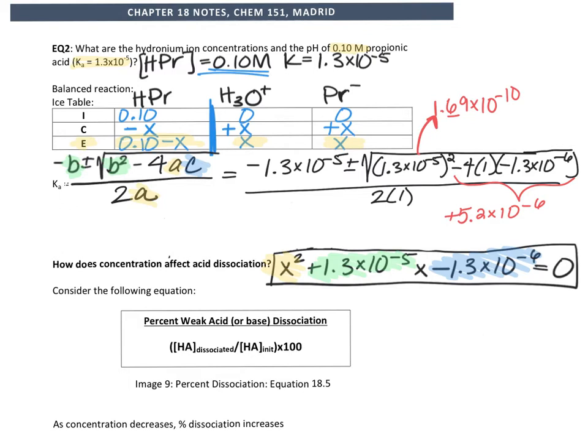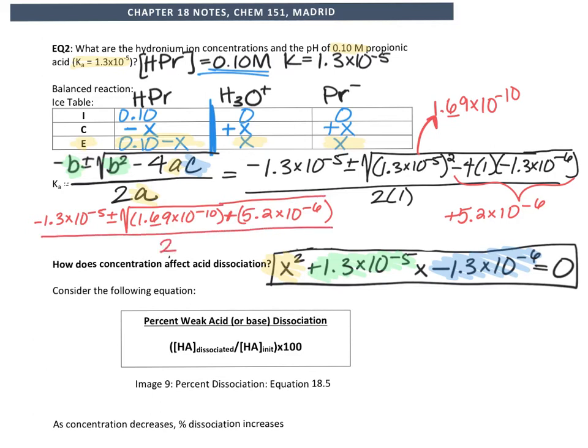Great. Okay, so let's plug that back in. We have negative 1.3 times 10 to the negative 5 plus or minus the square root of 1.69 times 10 to the negative 10 plus, it becomes a plus because I had the two negatives, 5.2 times 10 to the negative 6, all over 2.